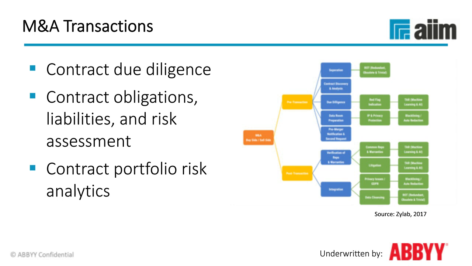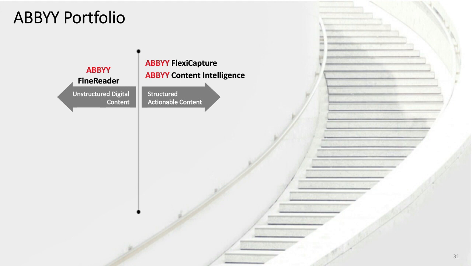So having reviewed these use cases, I'd just like to spend a couple of minutes on how ABBYY addresses these capabilities. All of the use cases that I referenced are examples of how content intelligence technologies may be applied, and that is ABBYY's core competency.